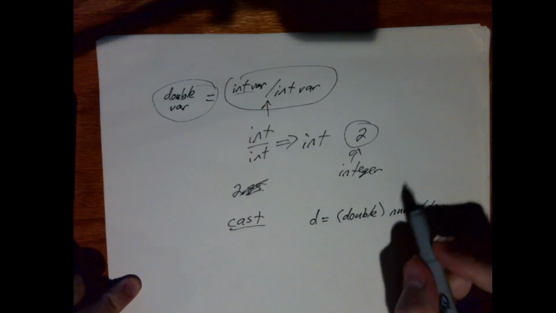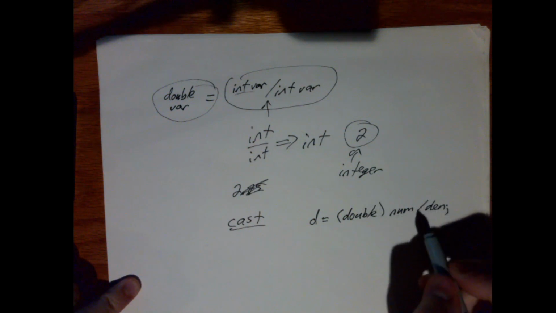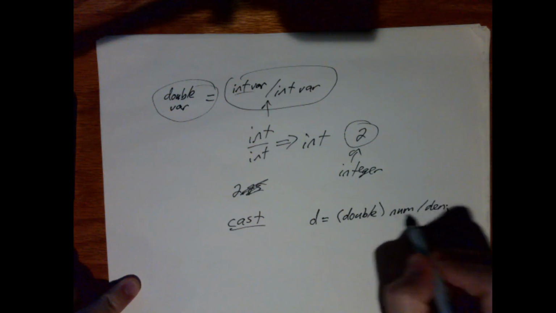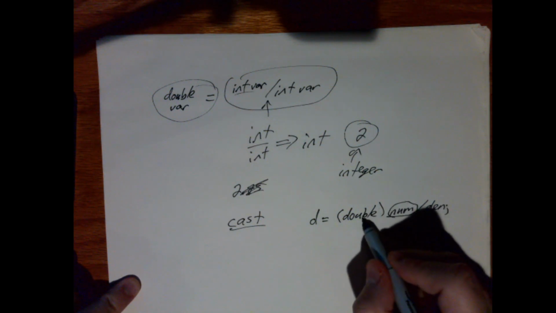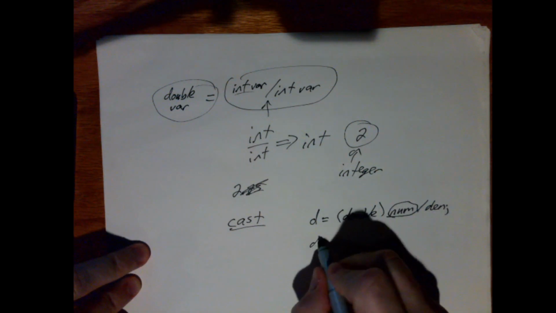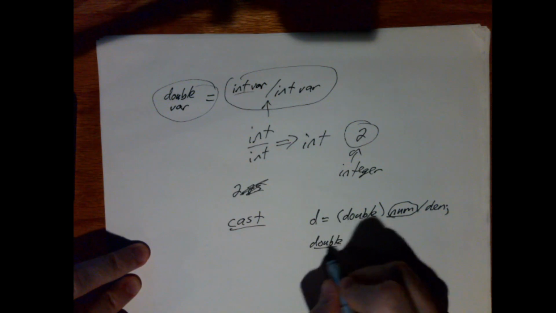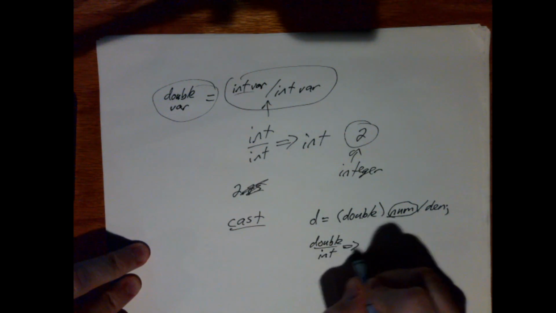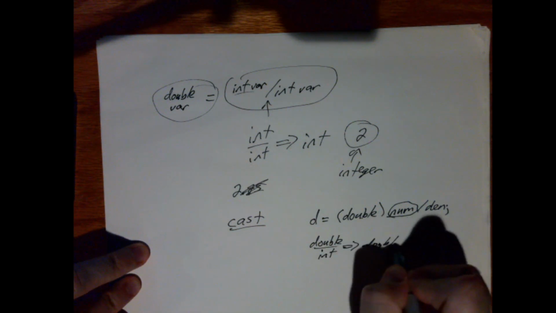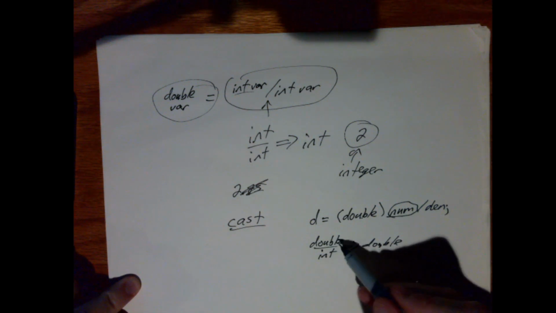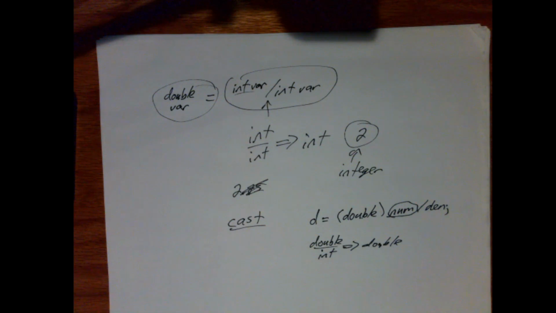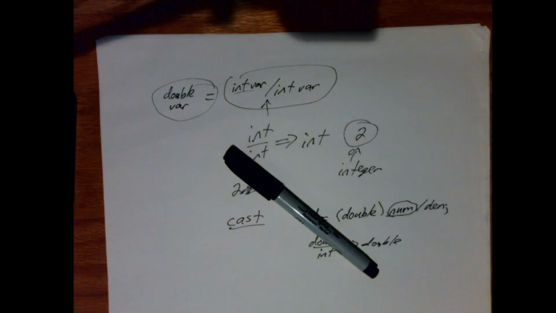So what that means is, for the sake of this calculation only, for this use of the variable num, this will temporarily be converted to type double. And whenever I have double divided by int, then the result will be a double. And likewise, if I'd had int divided by double, I'd get a double, and double divided by double also produces a double.